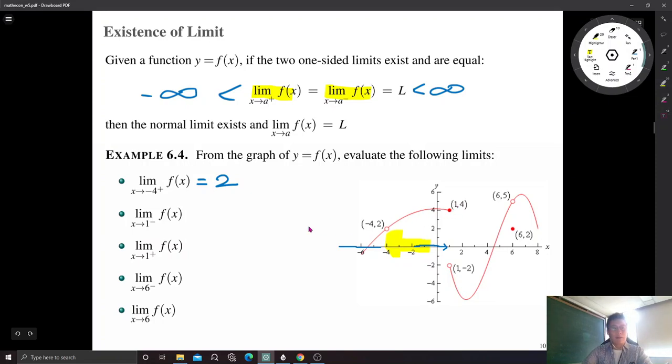So the left-hand limit at number 1 is 4. On the other hand, if we let x approach number 1 from the right, the function is getting close to this empty circle whose y coordinate is -2.